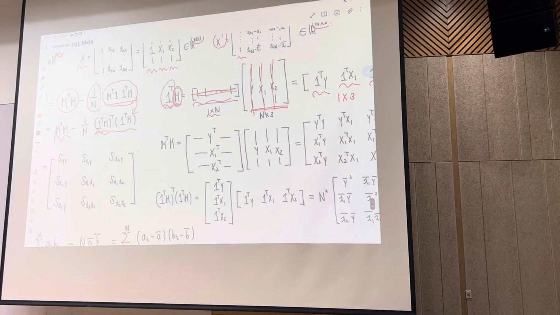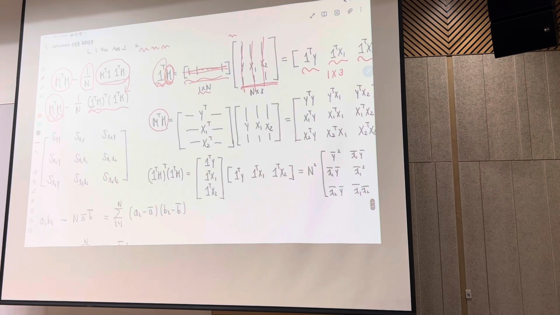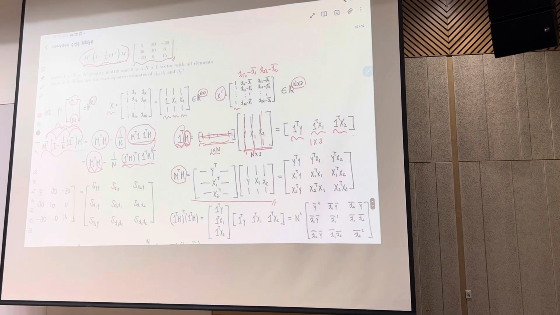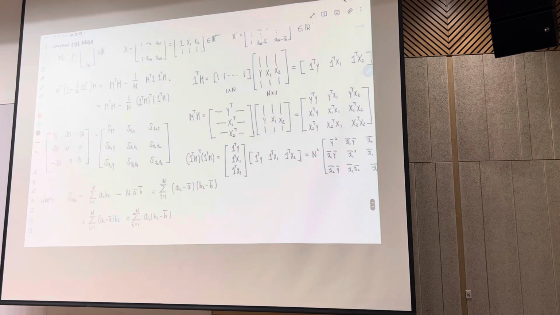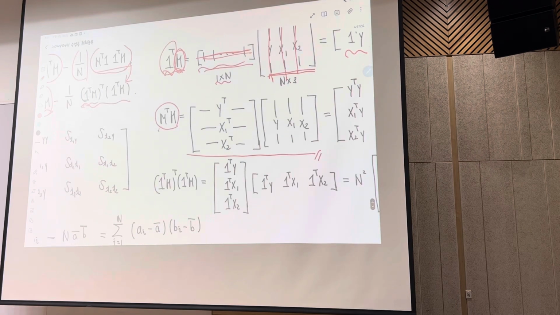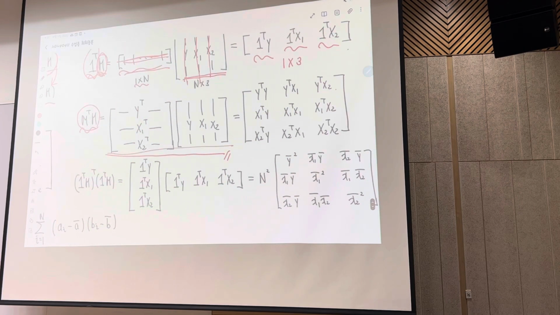Then m transpose m can be calculated like this. M is this matrix, so it has a y vector, an x1 vector, and an x2 vector. Then m transpose m can be calculated like this, just matrix multiplication.